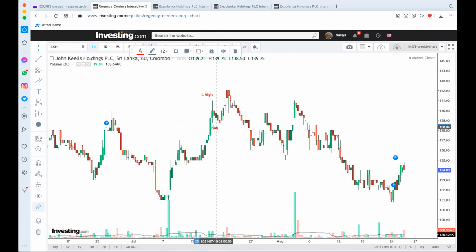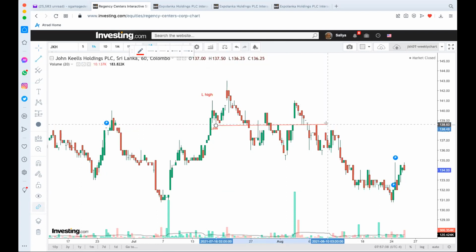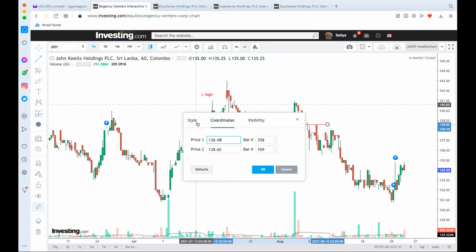When you spot this low, you treat that as the swing low, right? And then there is another wave that has started. You don't need to wait until this swing high is formed, right? You can use the bottom of this wick. Incidentally, that is at 139.75. Draw a horizontal line, make it 139.75.